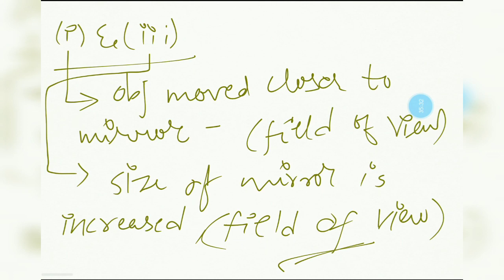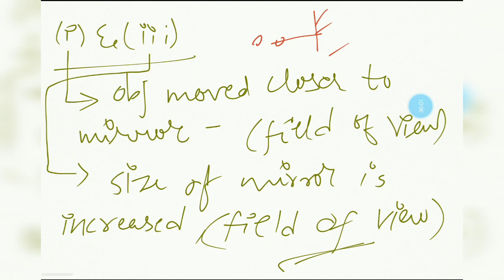Now in the second question, first let's see the question. If the object is moved closer to the mirror, then what is the field of view? See, this is the mirror. Object was initially here and the object is moved towards the mirror. Then what is the field of view? That is the first question he asked.